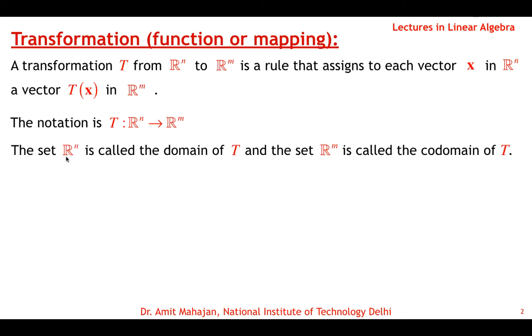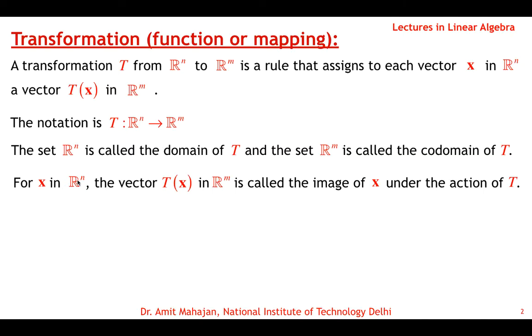The set Rn is called the domain of transformation T, and the set Rm is called the codomain of T. For every x, T of x is in Rm, and T of x is called the image of the transformation.